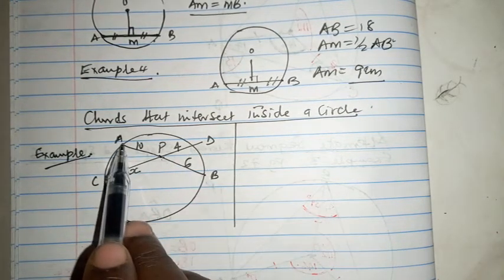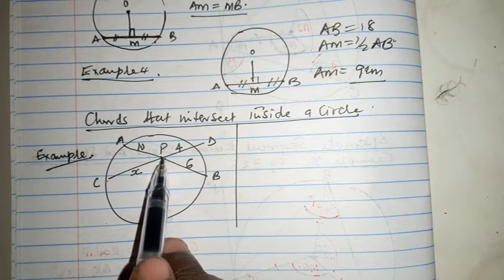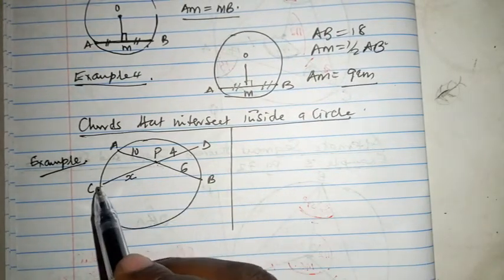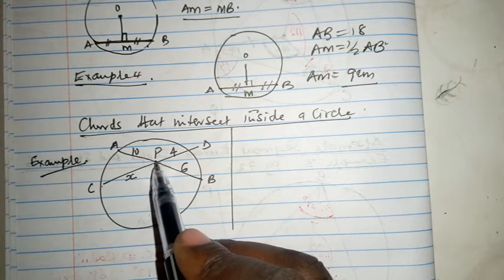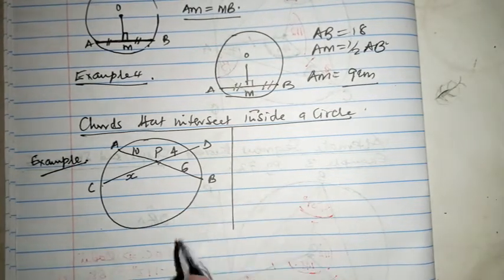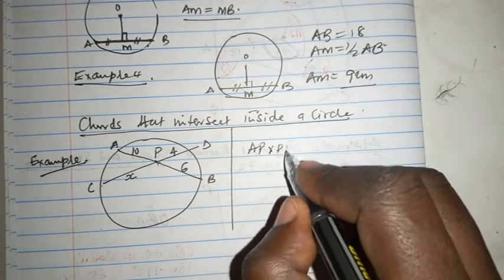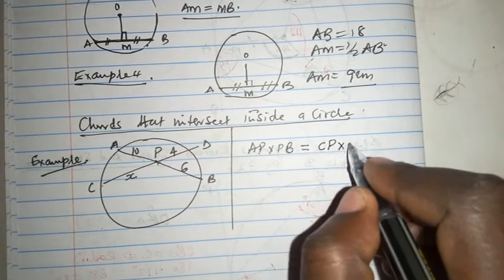From one point on the circumference to the point of intersection, multiplied by the remaining stretch of the same chord, is equal to the other chord from the point on the circumference to the point of intersection, multiplied by the remaining stretch of that same chord. So what does this mean? AP times PB is equal to CP times PD.